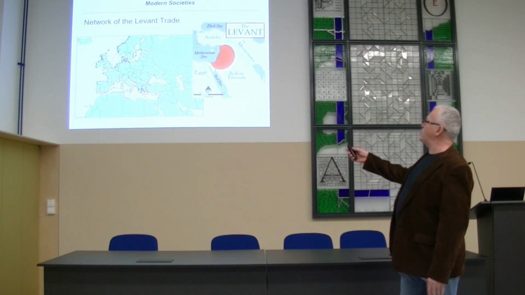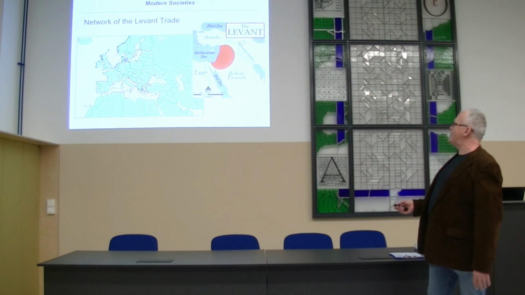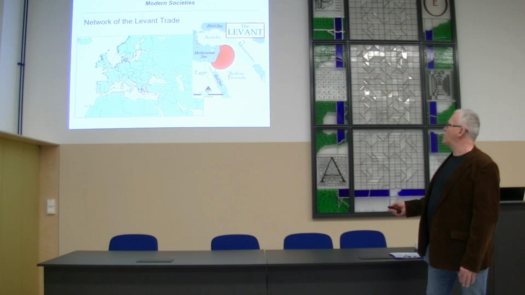Okay, this is the network of the river trade, a place where Italian traders bought great spice bags. It's Alexandria, the northern part of Egypt, and Near East ports, Near East harbors, and they transported spice bags to Venice, to Genoa, and to Pisa.